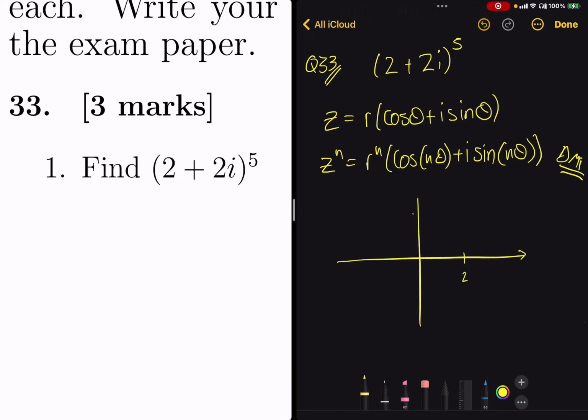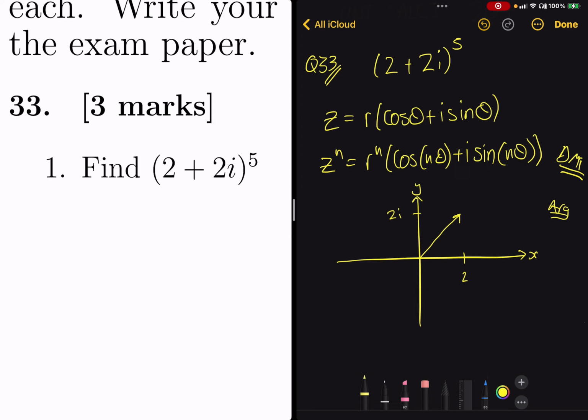So if we draw this vector in the Argand plane, this is 2, this is 2i, let's call this y, let's call this x, and this is Argand. It points this way. So its Cartesian coordinates are 2, 2i.